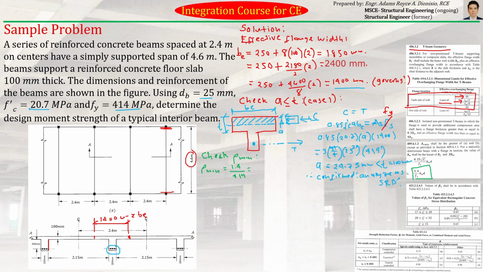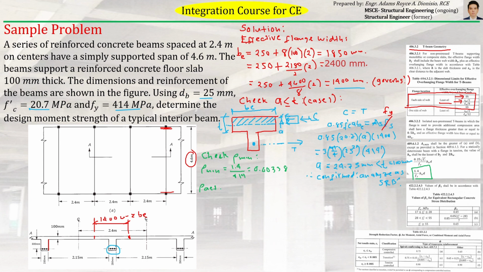So, that will be equal to 0.00338. So, compare na natin yan sa rho actual. Rho actual is just equal to AS over BD.